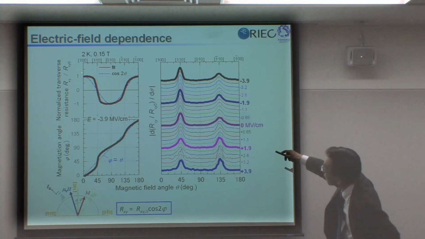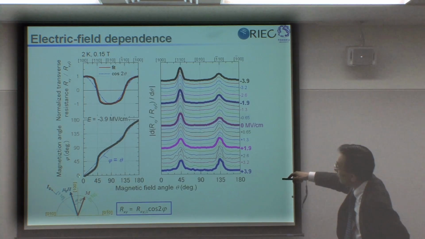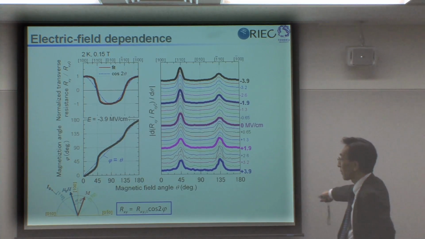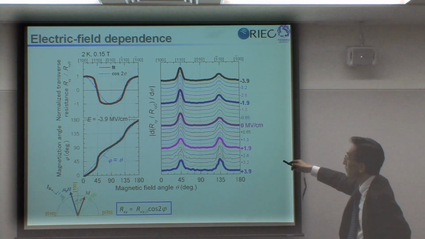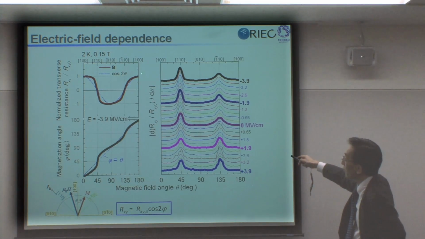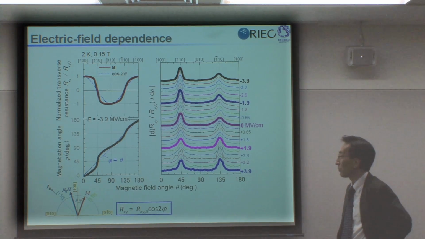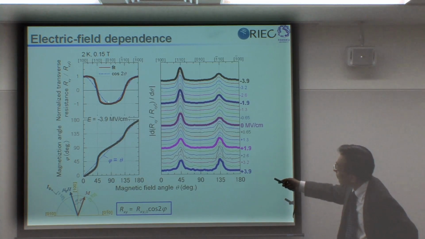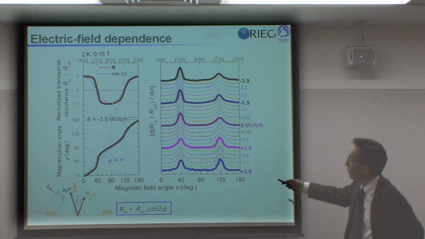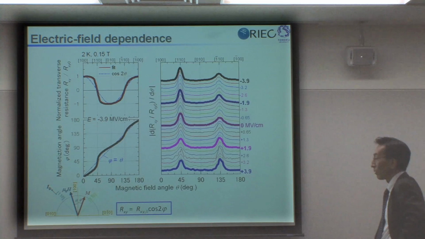But here you can see that it is not. The black one is experimental data, and when we change the direction of magnetic field, which is 0.15 Tesla, the experiment was done at 2 Kelvin, it's not like cosine 2 theta, but you can see that it is skewed. You can immediately tell that this is the easy axis, or the axis where your energy is the lowest.